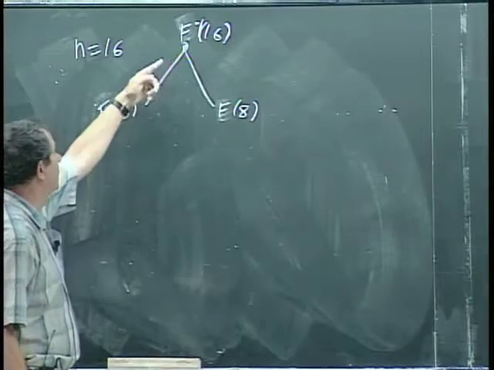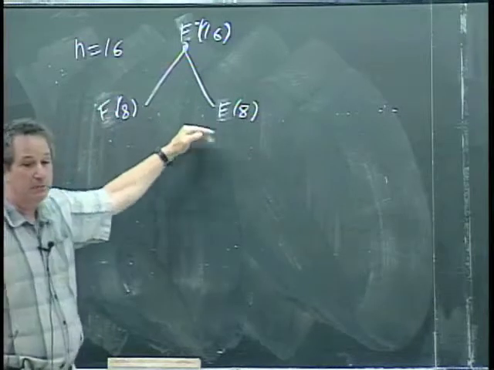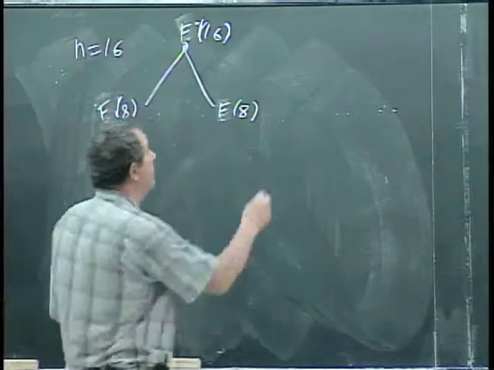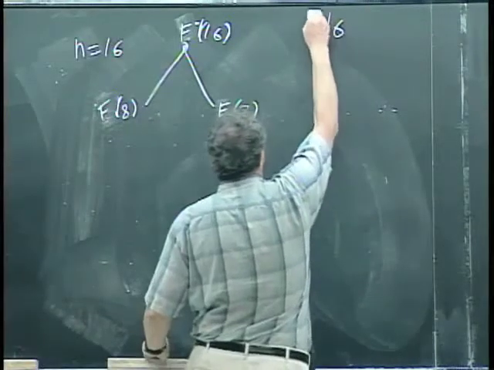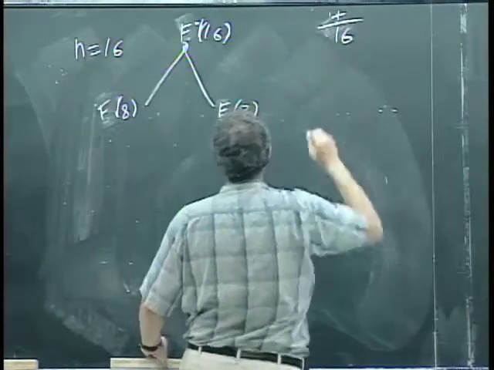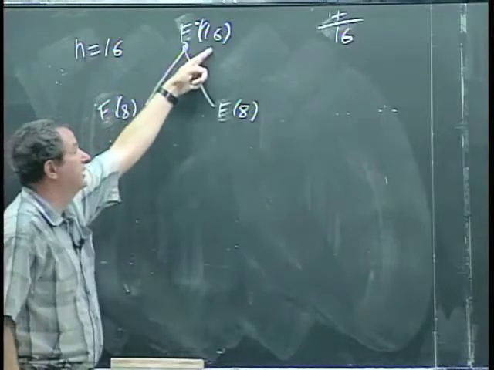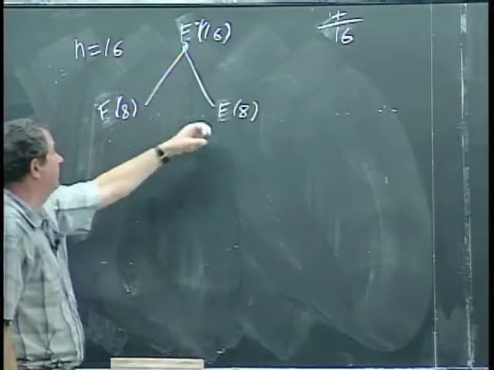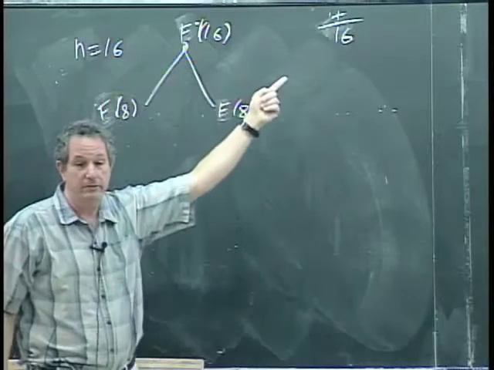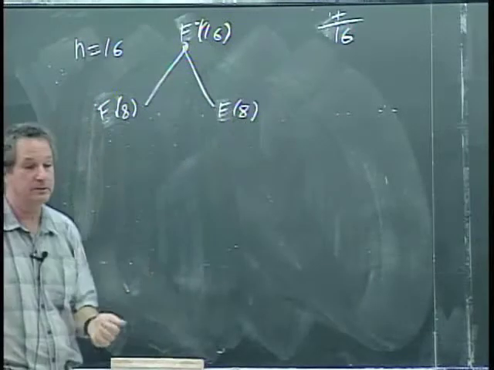Okay, so f of 16 is twice f of 8 plus what? 16. So it's going to be my sum column, 16. So all I know about f of 16 is that it's twice f of 8 plus 16. Now, what do I know about f of 8?